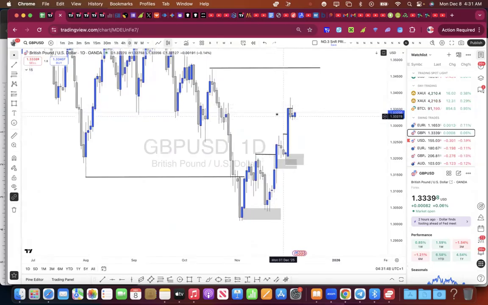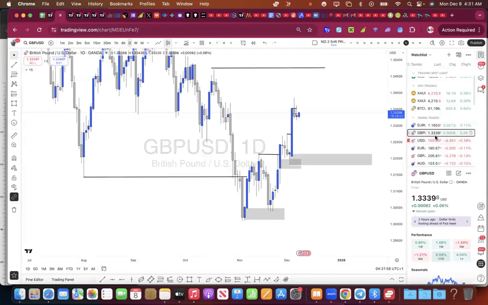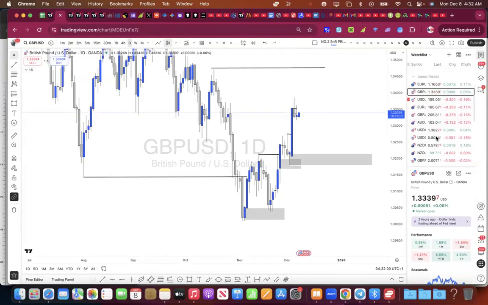And again, they show some kind of power of three, and this is a liquidity void. So I don't know when this is going to be filled, but it's a concern to be worried about.